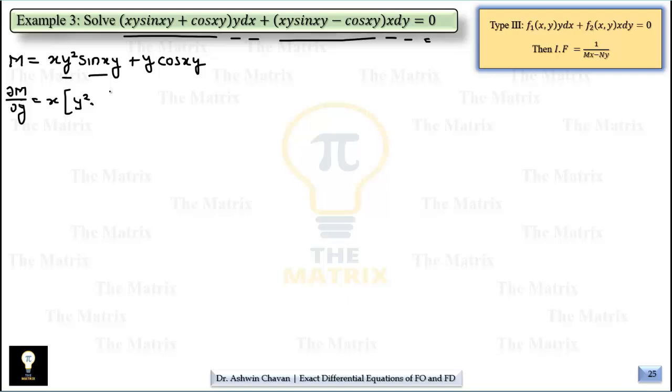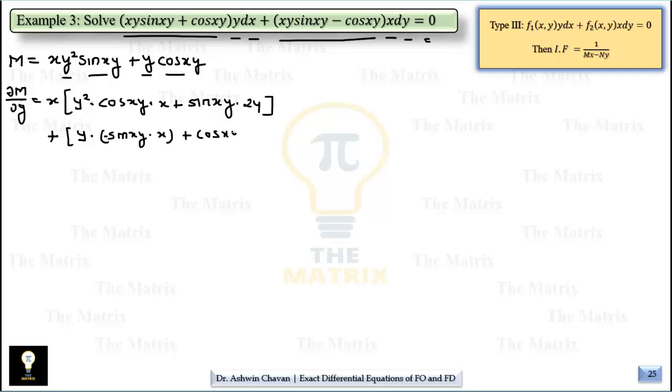First as it is, the derivative of sine xy is cos of xy into the derivative of xy, that is x, plus second as it is, sine of xy, and the derivative of y square is 2y. The second term is also a product of two functions of y, so uv rule again: y into cos of xy is differentiated as minus sine of xy into x plus cos of xy as it is, and the derivative of y is 1.